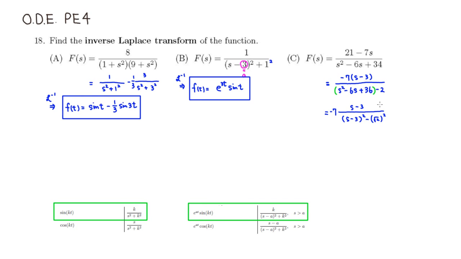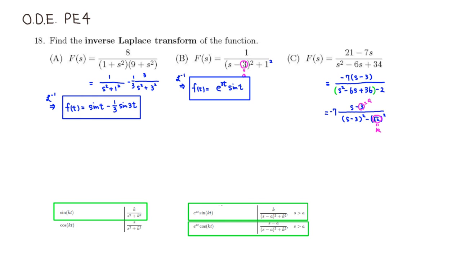This fits exactly the form of this one right here. In this case, a is 3, so this is the a value, and this is the k value.